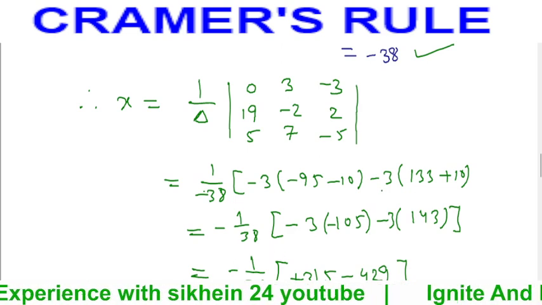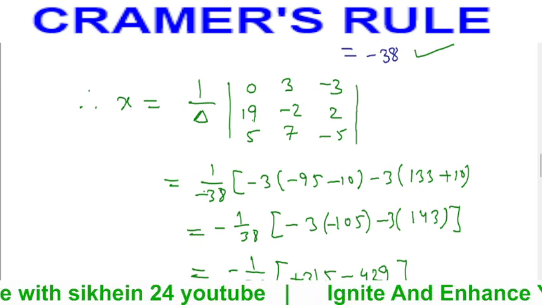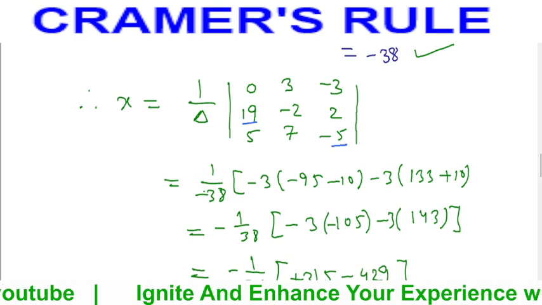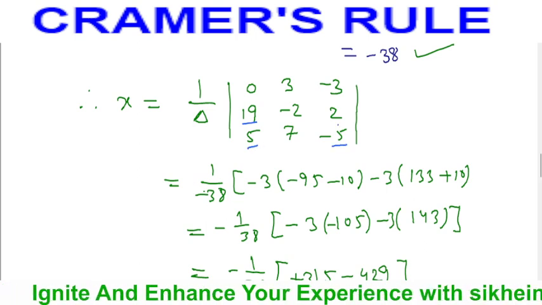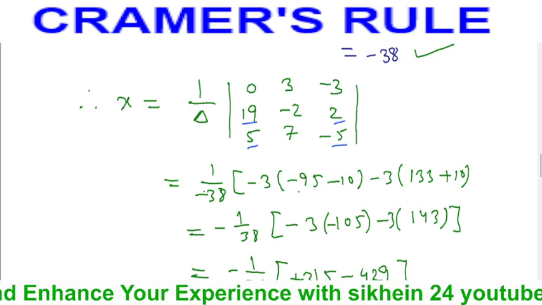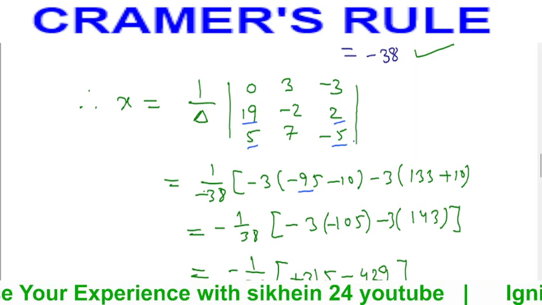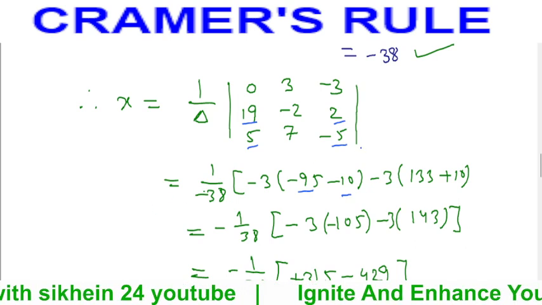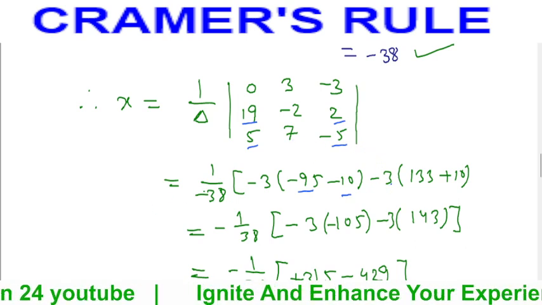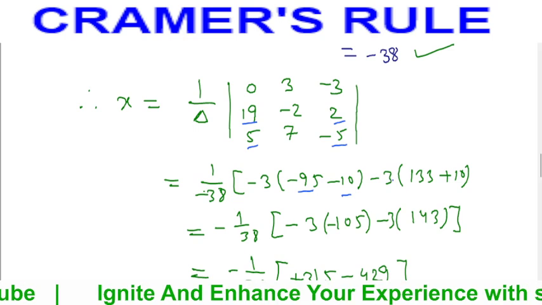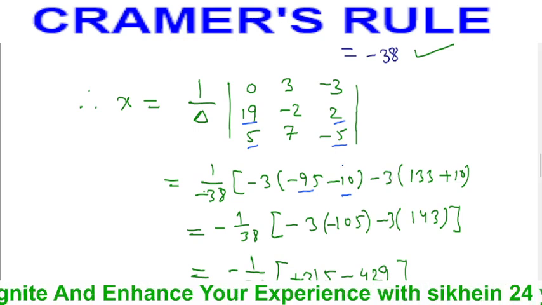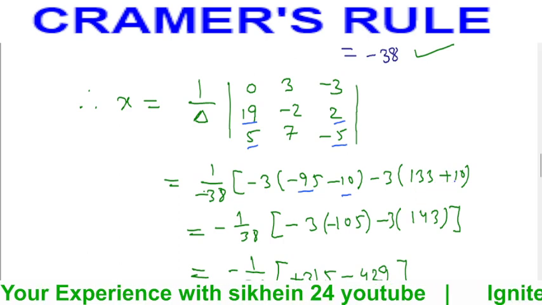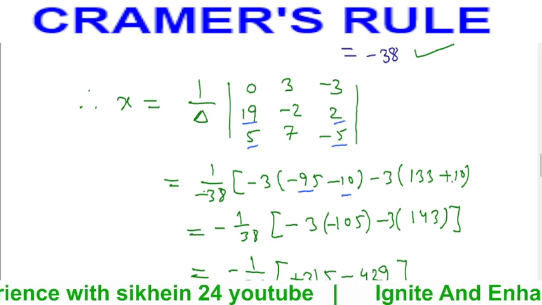You see here that one we have taken, that is 19, and this 95, and here 5 times 2 we have written 10. Or here we have taken minus 3 and 133 plus 10, where it is, can you see?